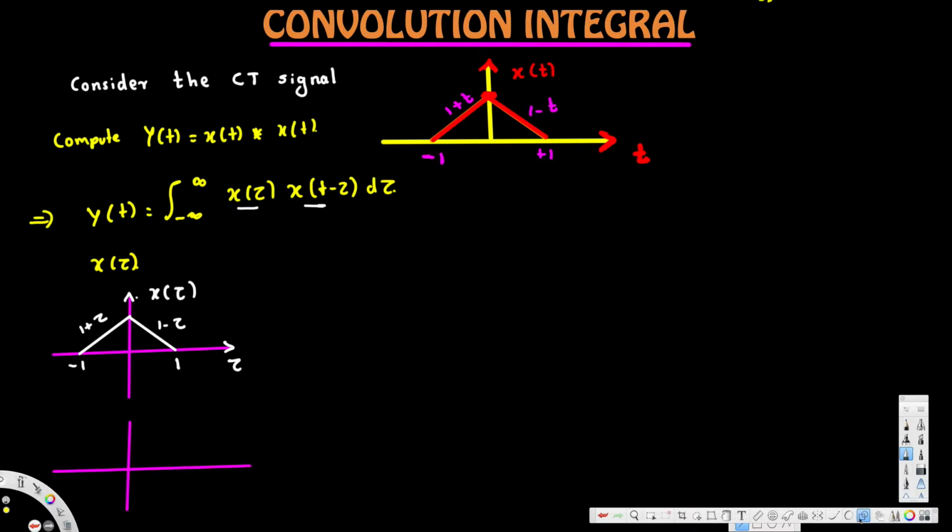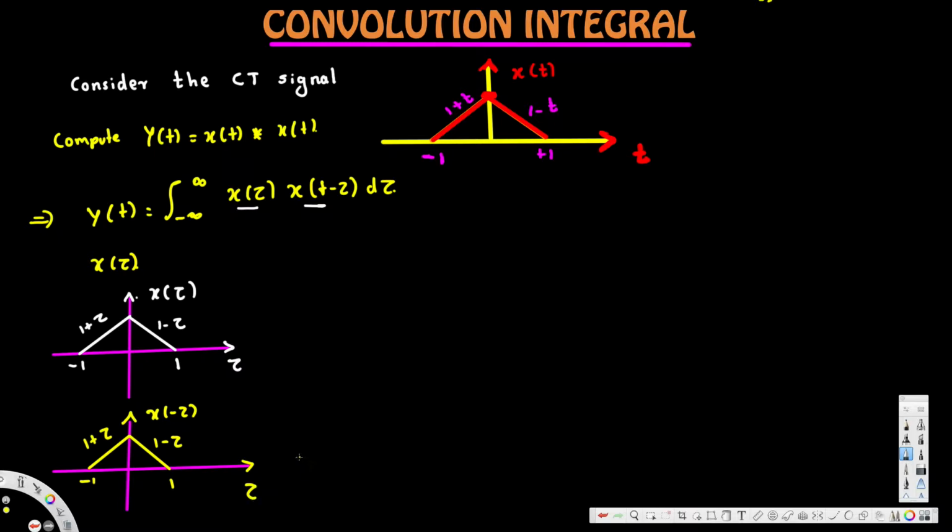For this one also we have minus 1, plus 1, 1 plus tau, and 1 minus tau, and this graph is x of minus tau. X of tau and x of minus tau are the same.